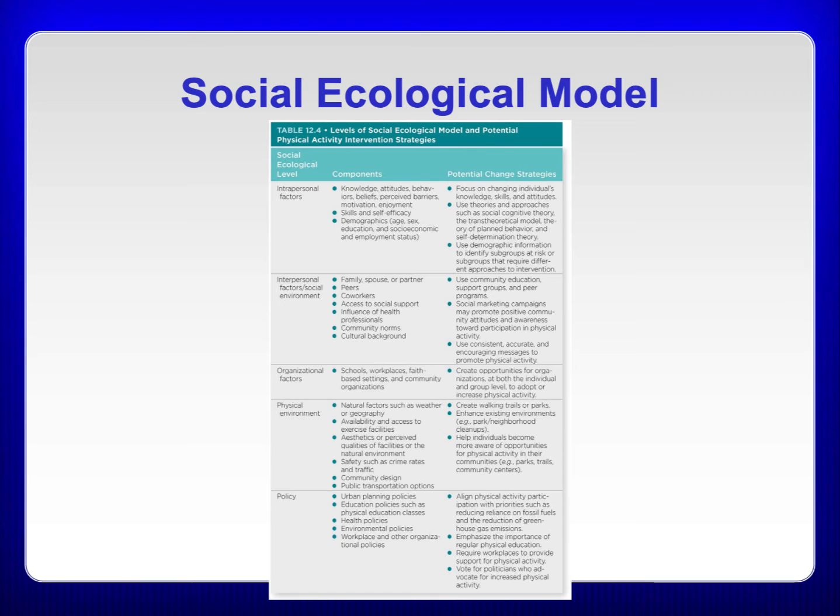Then we're looking at the physical environment. So this would be roads, safety, crime rates, community design, and then policy. How do we engage in those types of things at a government level and at a planning level to encourage people to be physically active?